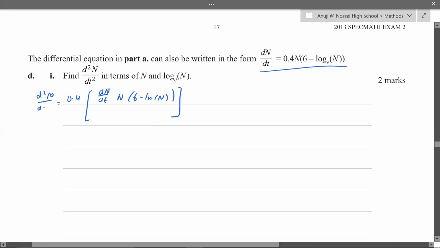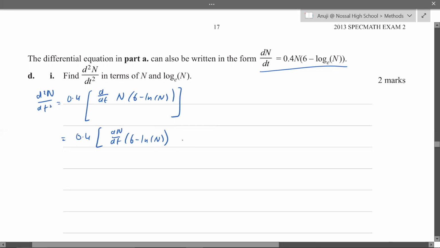Just write dt squared. So 0.4, this would be, I wrote it wrong. It would be d/dt of that phrase. So it would be dn/dt (6 minus ln n).